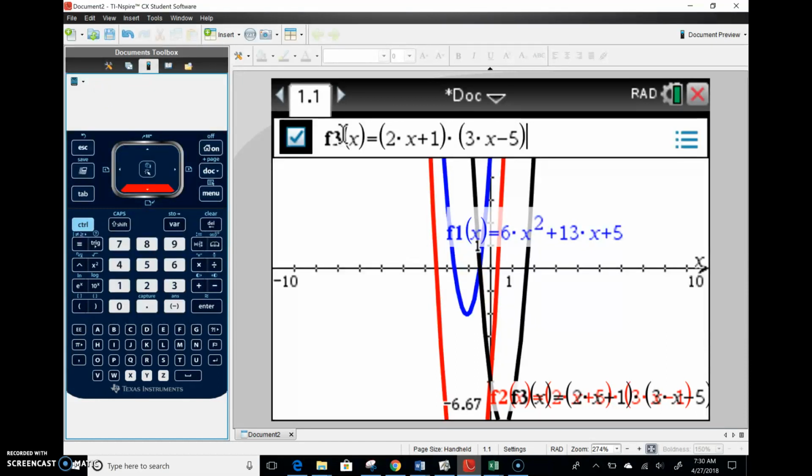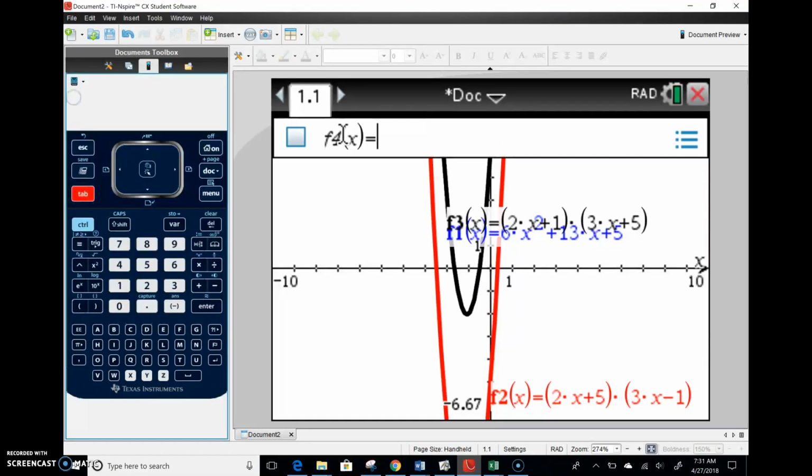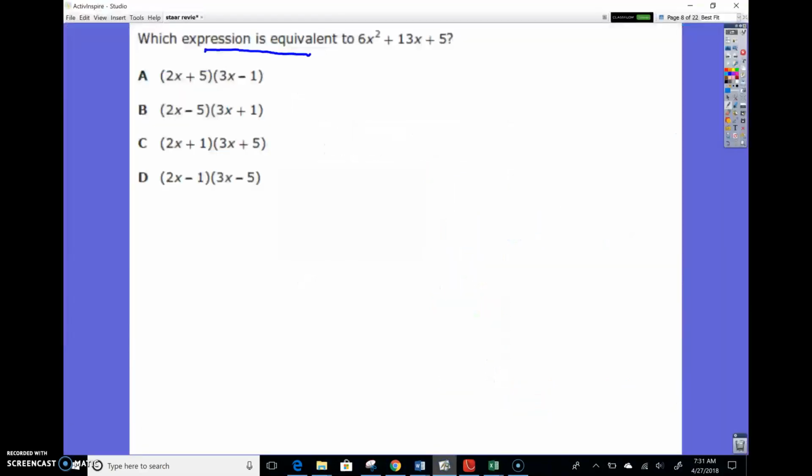Two x plus 1. Oh. Remember, you gotta type it in correctly. You see that? Now, the black one and the blue one are the same. So that's why that's the correct answer.